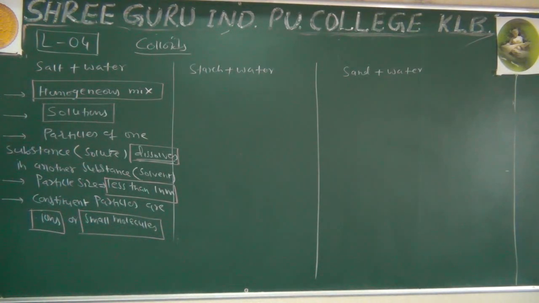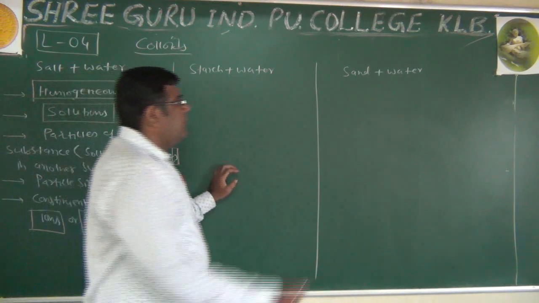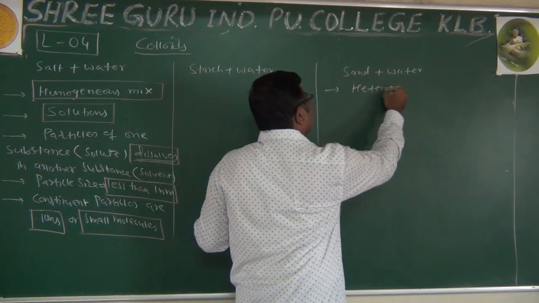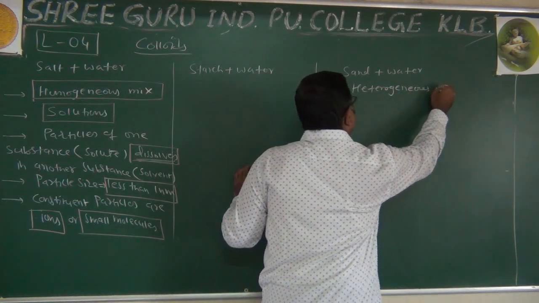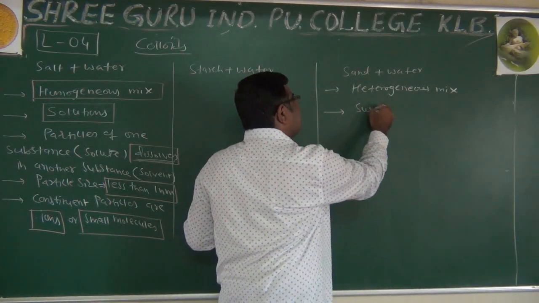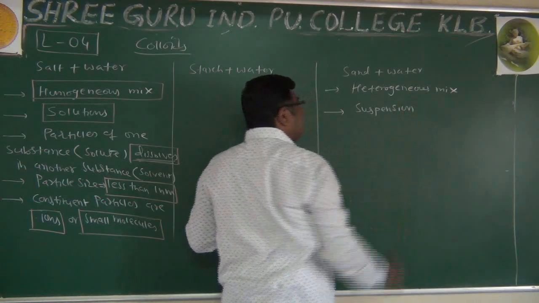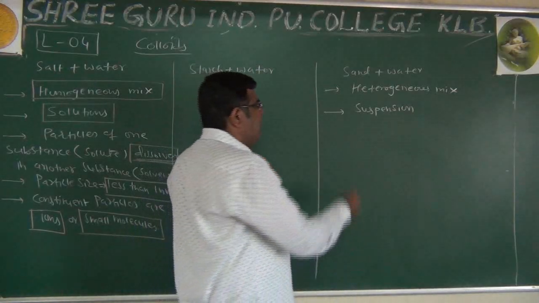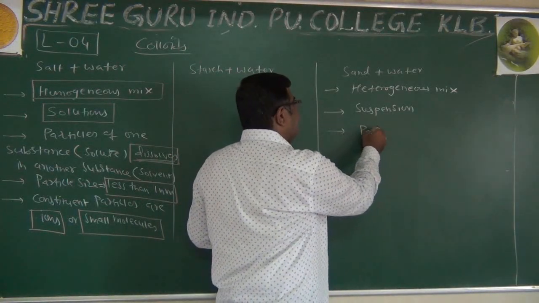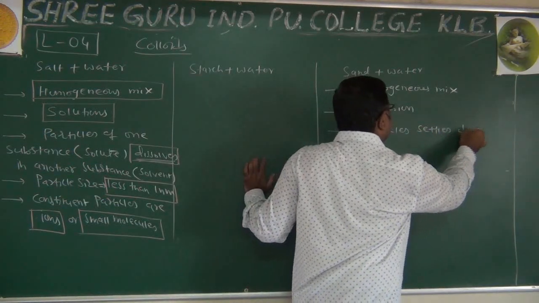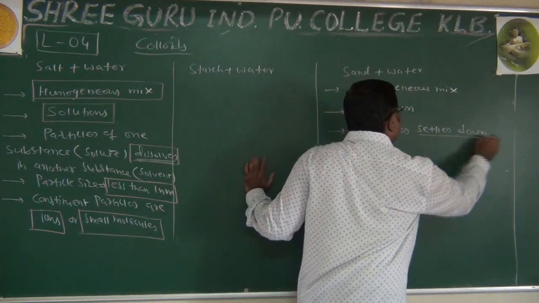We know about this. If we put sand into water, we get a heterogeneous mixture, and that is called a suspension. In a heterogeneous mixture, we can distinguish the sand particles from water because particles settle down due to gravity.